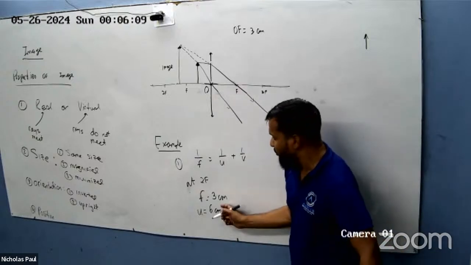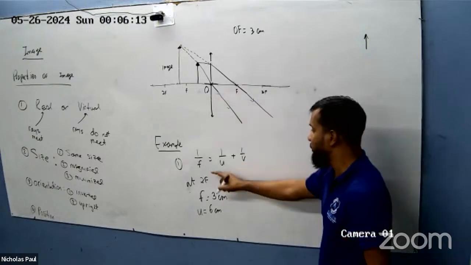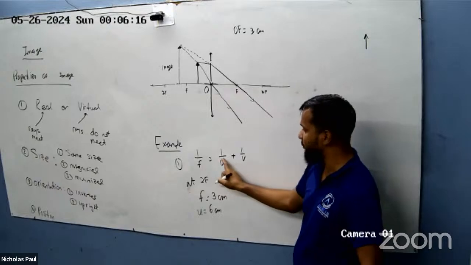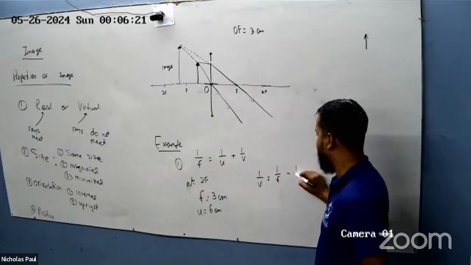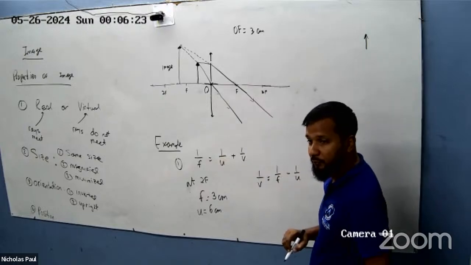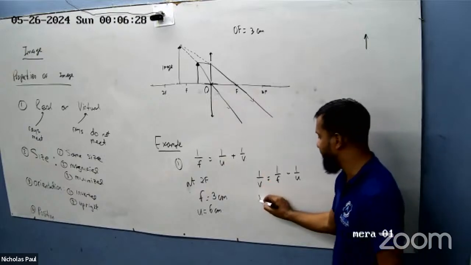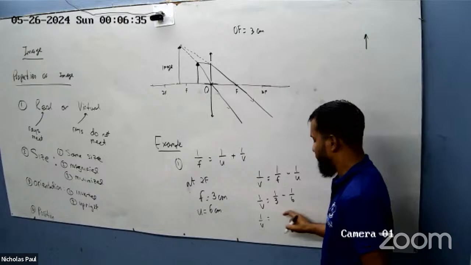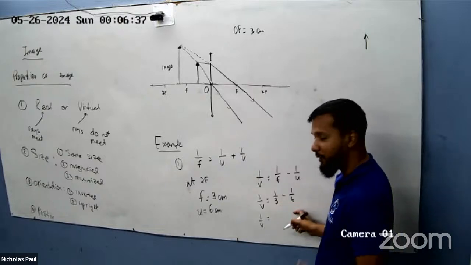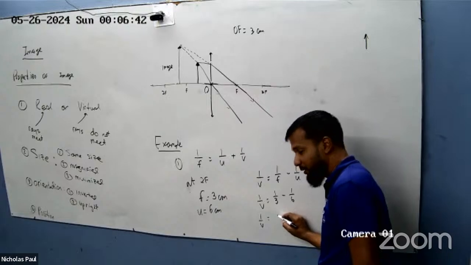Right. So let's see if we can work out where the image was supposed to be. All right. So we're using this formula. For those who are not too good with maths, I'm bringing across this here. So I'll get 1 on V is 1 on F minus 1 on U. So I want to find V. So 1 on V is 1 on 3 minus 1 on 6. 1/3 minus 1/6 is 1/6, right?